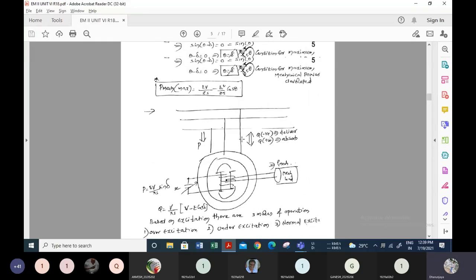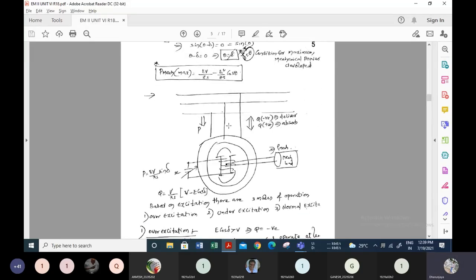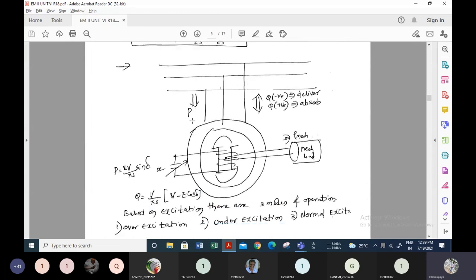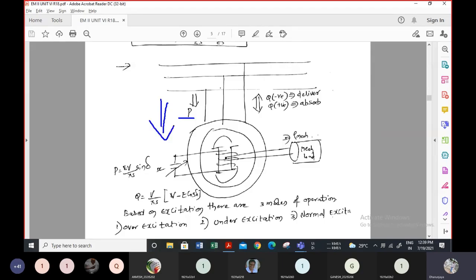So this is the case here. In the synchronous motor, the power flow will always be inwards towards the machine. This is assumed to be the supply voltage from the bus bar, and this is assumed to be the generated EMF. The power flow for the active power is inwards only for the synchronous motor.